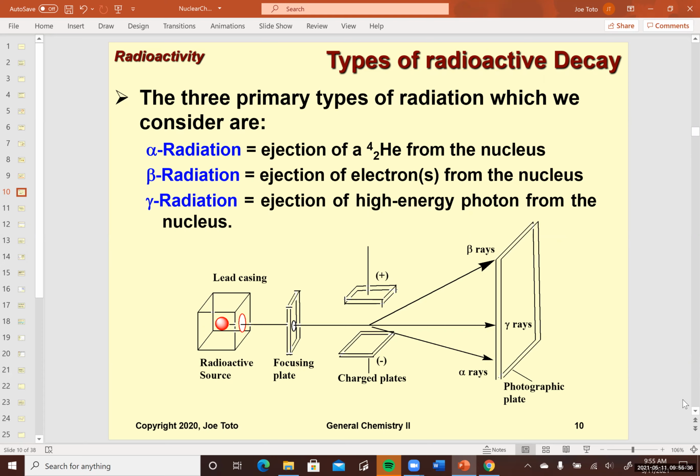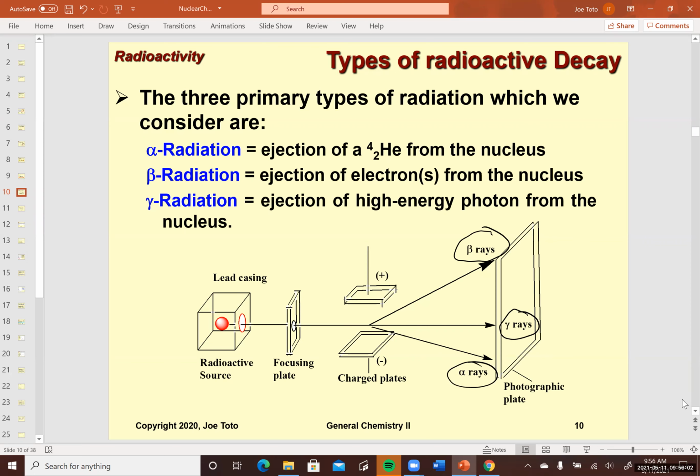I'm sorry, I got that wrong. The gamma rays penetrated furthest, then it was the beta, and then alpha rays are last. So we have these three different particles that are emitted during a nuclear disintegration or radioactivity.